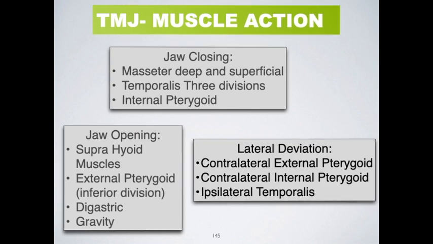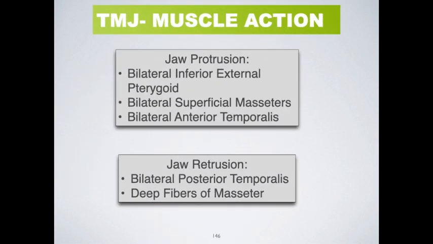Jaw protrusion, which we'll also test with our muscle testing: bilateral inferior external pterygoid, bilateral superficial masseters, and bilateral anterior temporalis. Jaw retrusion, drawing the jaw back towards your throat, is accomplished by the bilateral posterior temporalis muscles and the deep fibers of the masseter.